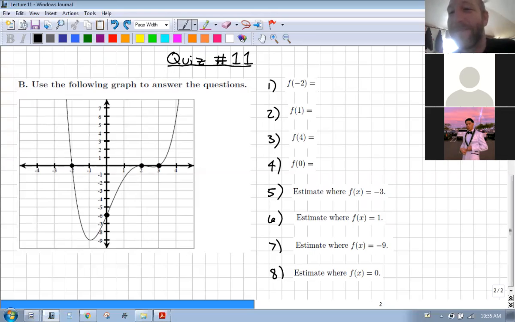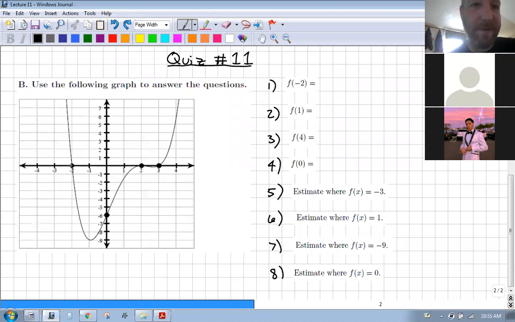All right, let's check out the quiz here. There's like 4 points filled in on this graph. They're not labeled, they're just filled in. So all we're looking at here is the points. F of -2, all it's saying is x is -2. What's y?